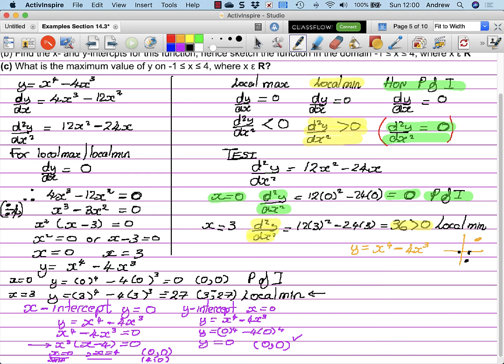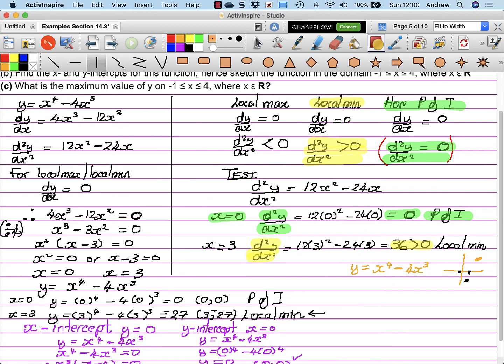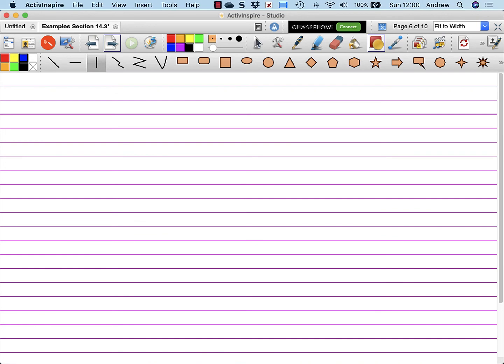And let's now try and draw this. So I think I need to go to a new page. It's getting just a little bit cluttered, so bear with me. Going to a new page, let's quickly summarize what we've got so far.